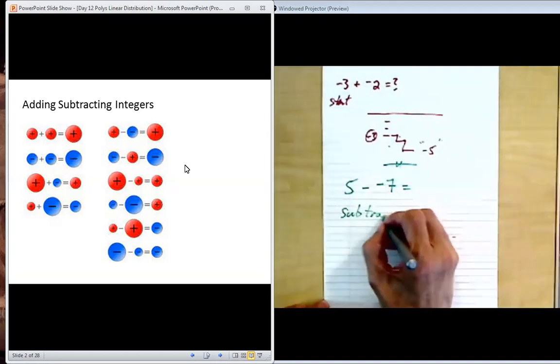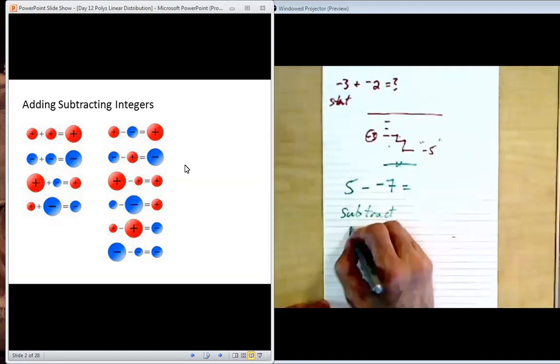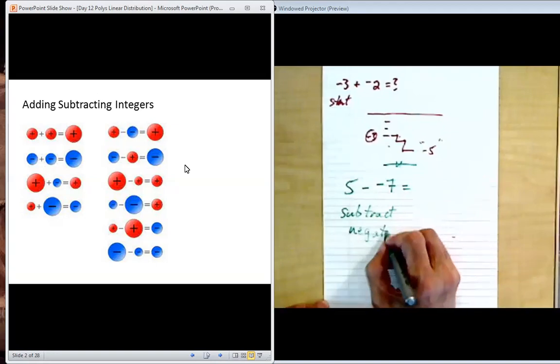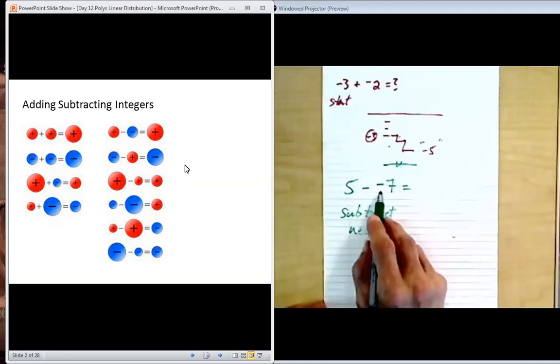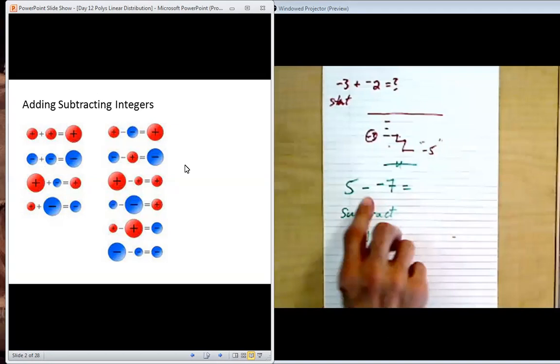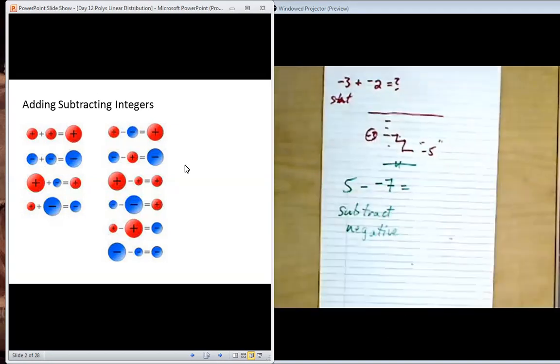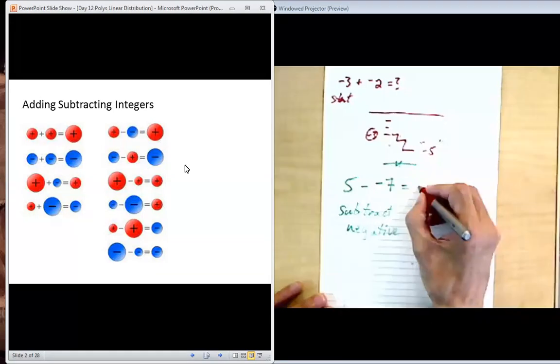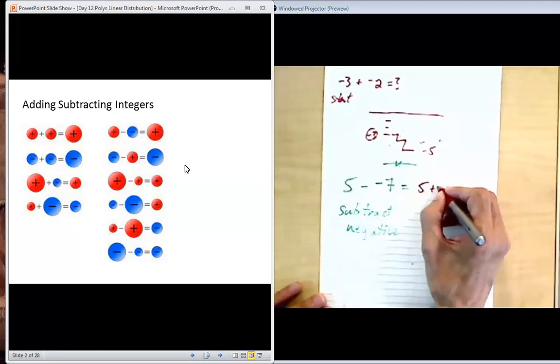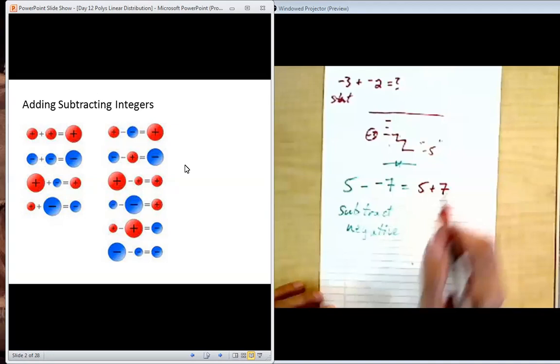The negatives undo one another. Subtracting a negative is the same as adding them together. Okay, I'll give you that for free.